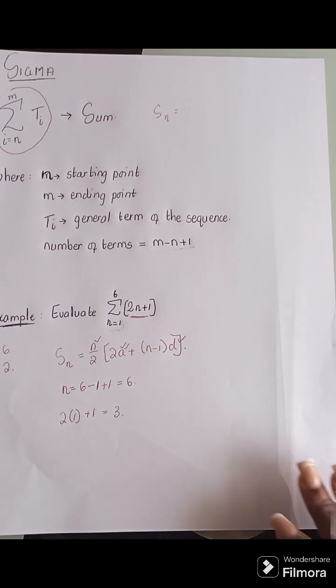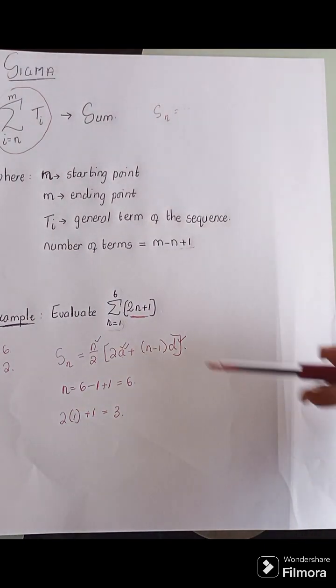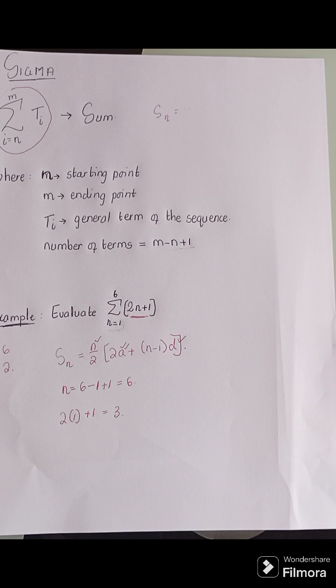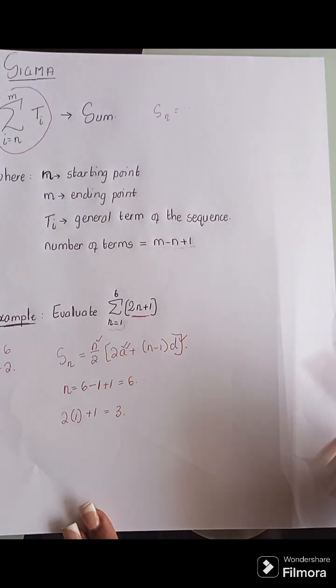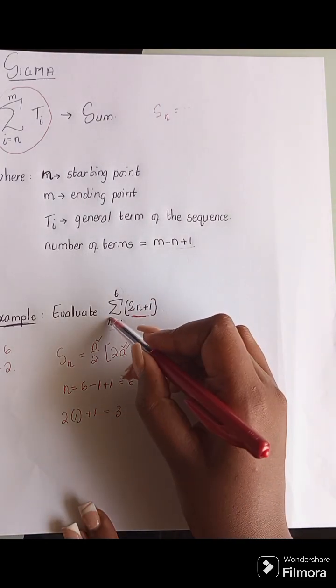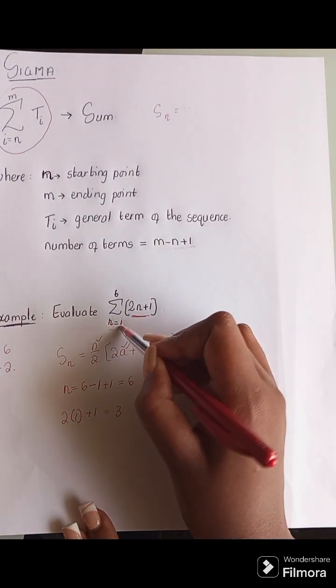So now that we have found a, what is left is d. And how do we find d? For d, we're going to say term number 2 minus term number 1. So it means we must also find term number 2. Our term number 2 is going to be where n is equal to 2, right?